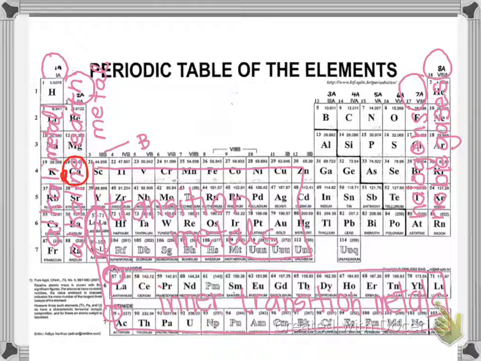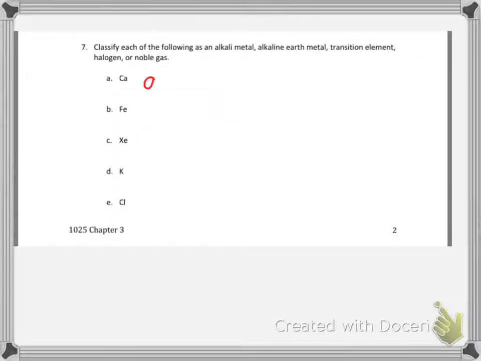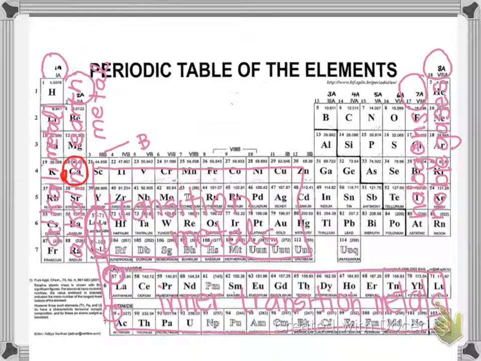That's letter A. And it is in the alkaline earth metals. Letter B is iron. Iron is right here, and you see that it falls in the transition metals.